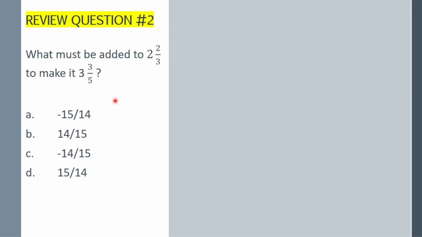What must be added to 2 and 2/3 to make it 3 and 3/5? Is it A, negative 15 over 14, B, 14 over 15, C, negative 14 over 15, D, 15 over 14. So, solution.